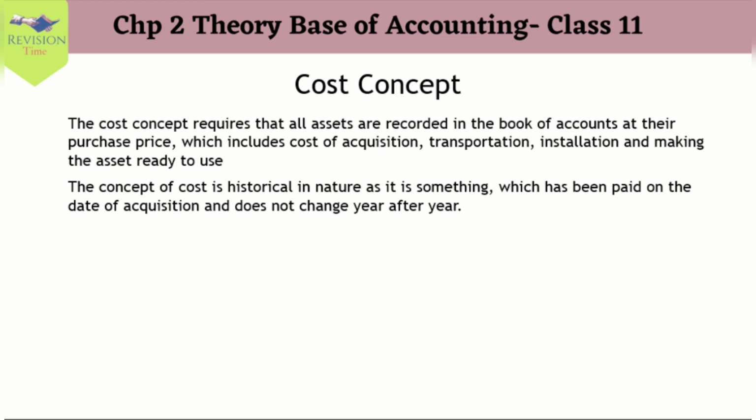Now, let us understand with an example. Let us assume that Mr. A bought a new machinery for his factory site. Let us assume that 5 lakh is the purchase price, on which he incurred a transportation cost of rupees 5,000 to bring it to the factory site. Now it is at the factory site, and we have to do installation.